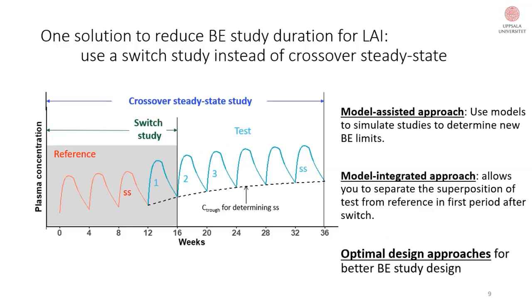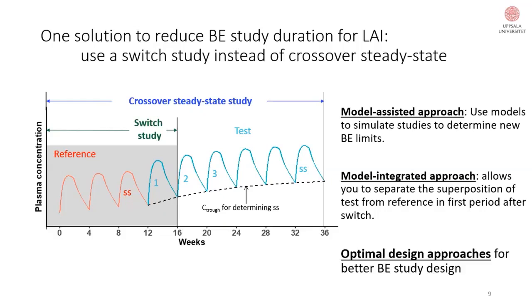So let's think about these long-acting injectable products. If we have a crossover steady state study, then typically you'll have some individual on a reference product, and you'll want to make sure that they're on that reference product. You maybe wait a couple months and measure and make sure that they're at steady state, the same C trough values, and then you would make some measurements of the concentration time profile in this steady state occasion.